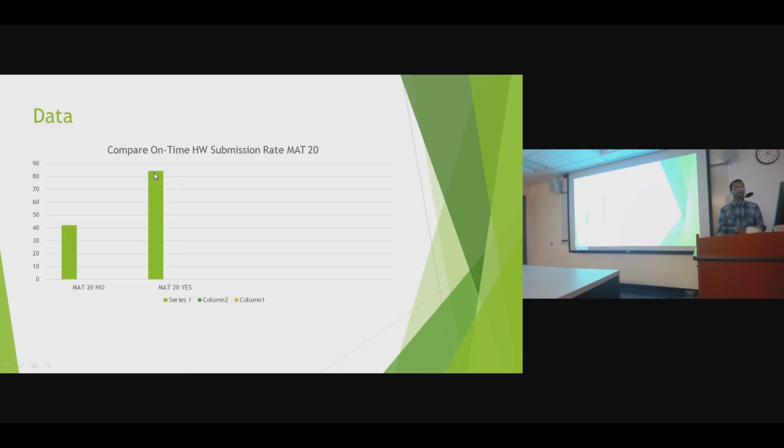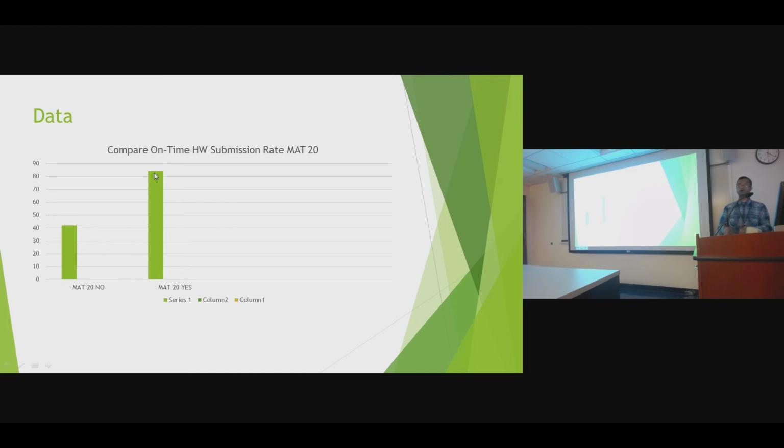Okay. By the way, I did not see any significant difference in the grading. Although the homework submission rate increased, there is a little increase in the passing rate for Math 210, my calculus course, but for the CUNY final exam for Math 20, there is no significant difference between these 2 semesters.